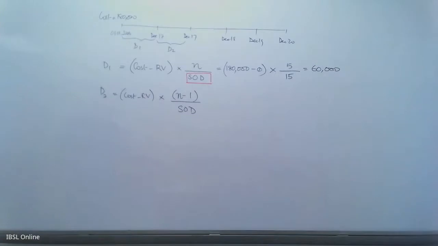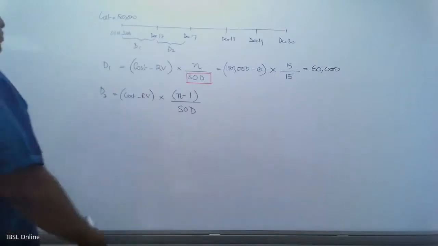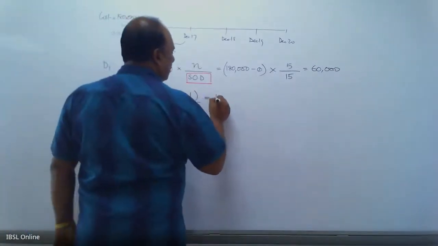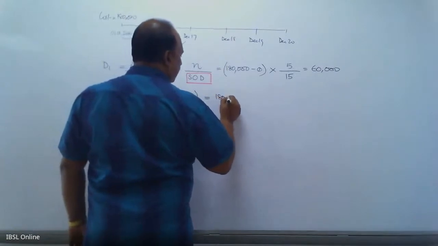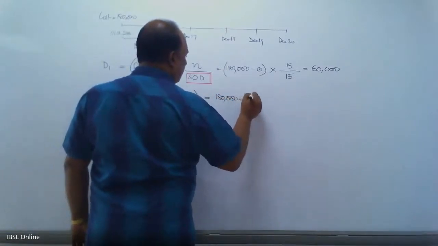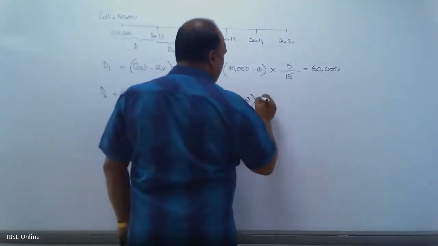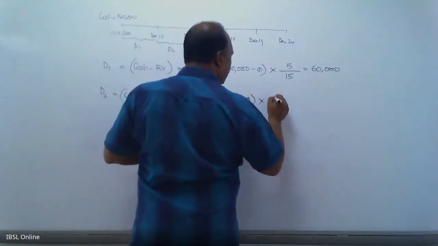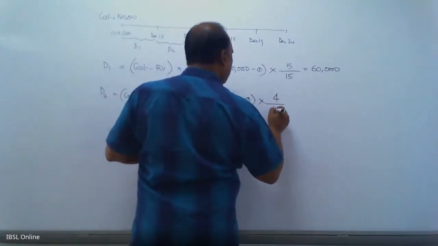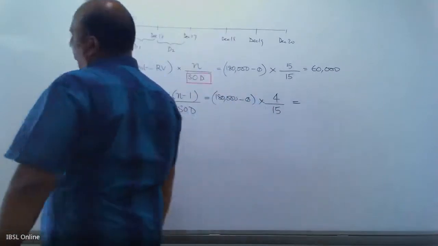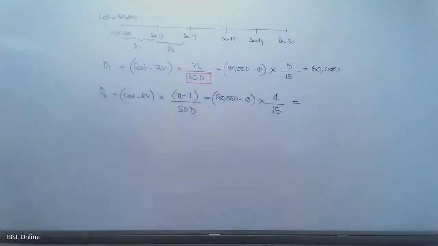SOD is sum of digits. So which means 180,000, no residual value, n minus 1 is 4 divided by 15. 4 divided by 15.